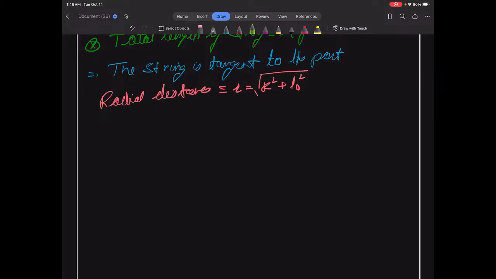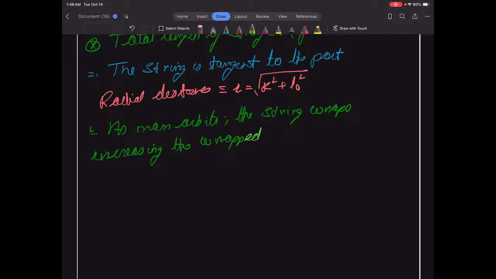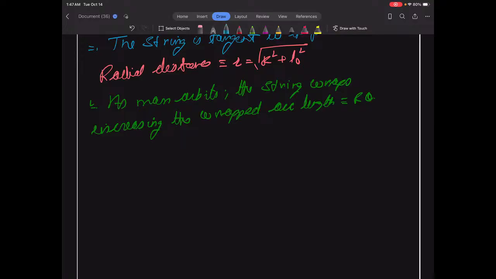Therefore, we can say that as the mass orbits, the string wraps, increasing the wrapped arc length, and that arc length will be equal to R times theta, and this theta is our wrapped angle, and that angle is in radians.